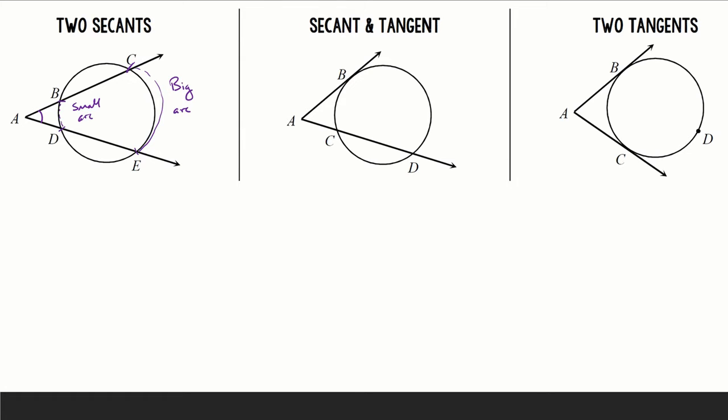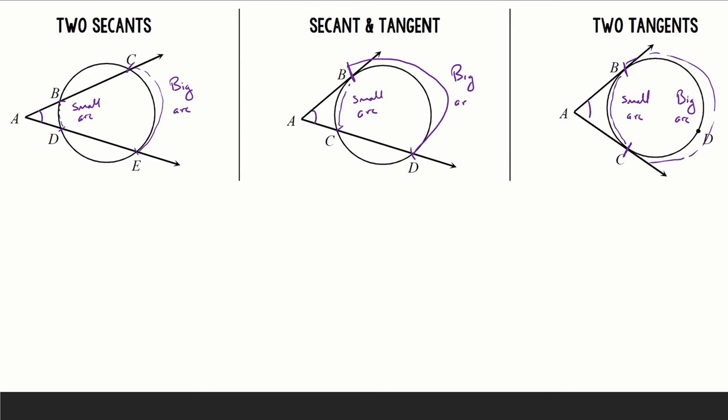Okay, and if we look at the secant and the tangent, here's our outside angle, and it's also going to create a big arc, and this inside smaller arc, which we will call small arc. And the same for the two tangents. Two tangents is still going to create this big arc, and it's also going to create this smaller arc, which we will call small arc, right?